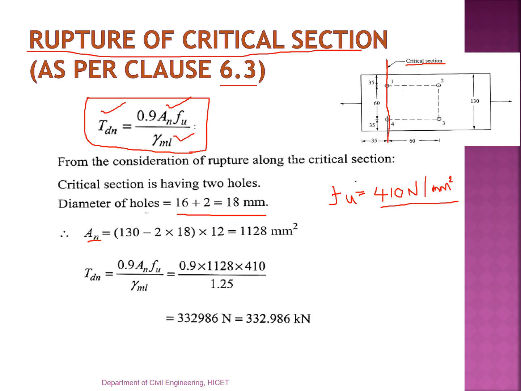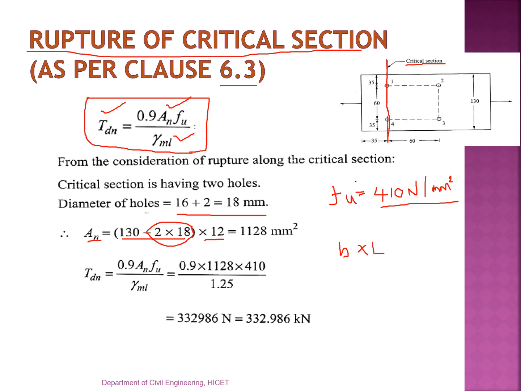Then the net area. What is meant by net area? It means the solid area between the critical section. So we have two bolt holes, and we have to omit these two bolt holes in the breadth of the plate, that is 130 mm. So 130 mm minus two 18 mm dia bolt holes in the 12 mm thickness of plate.